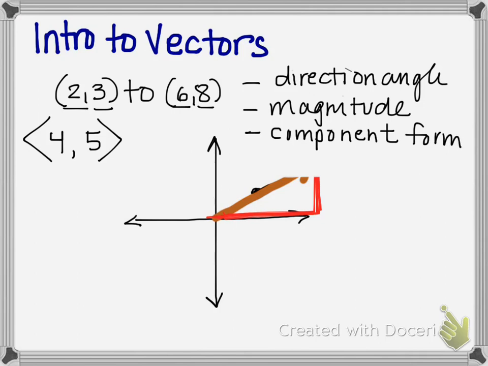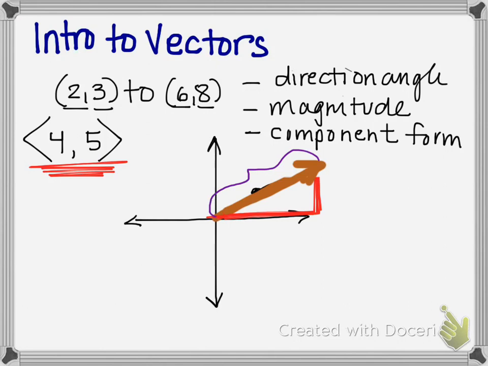All right, so with this vector that we're talking about so far, this is the component form. So that <4, 5>, that's the component form of the vector. And the magnitude of the vector is going to be the length of this side. So this length right here, that's going to be the magnitude of the vector.